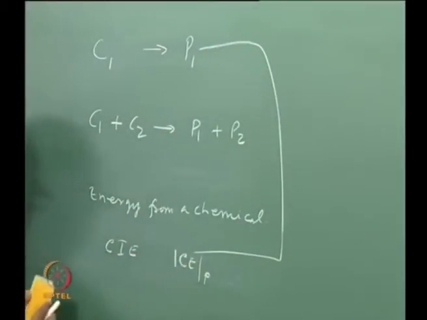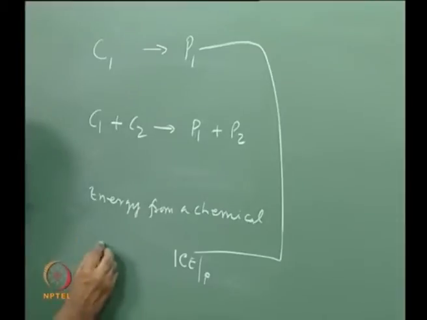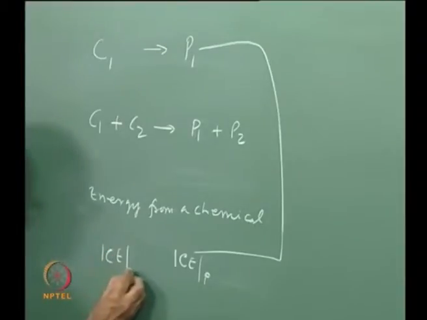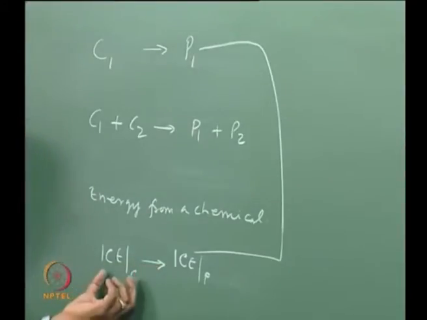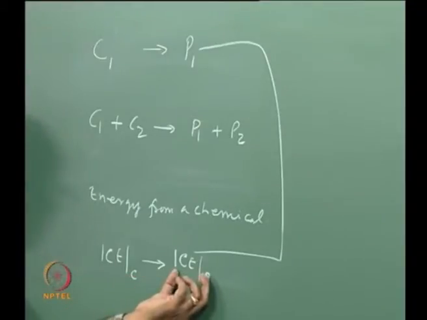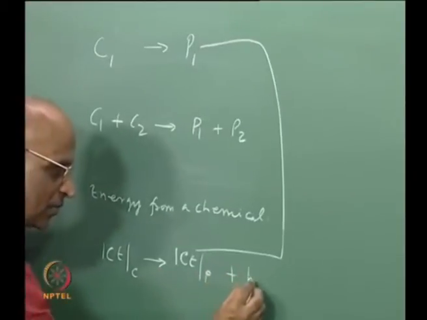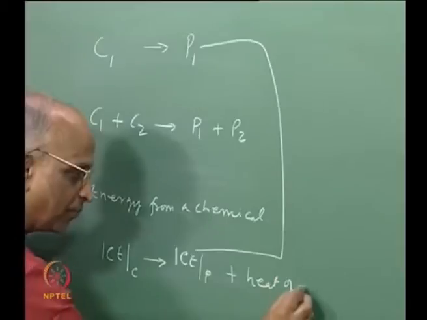If you have more energy in the chemical compared to the products which have less energy, the deficit of energy is what we have as the heat of a reaction.